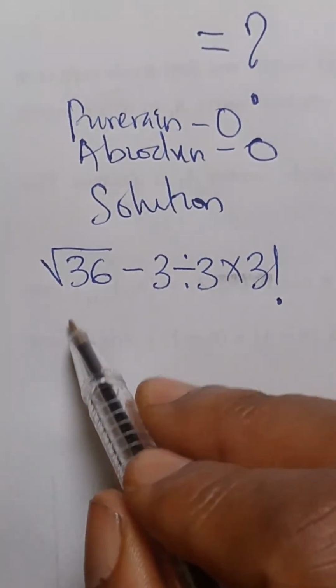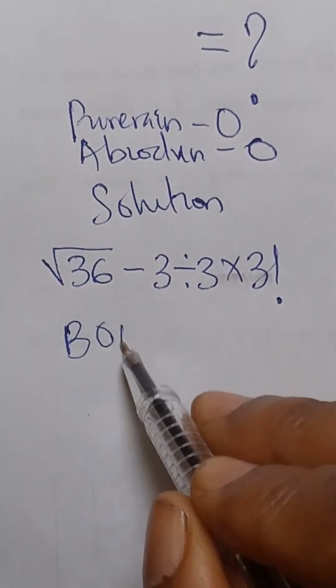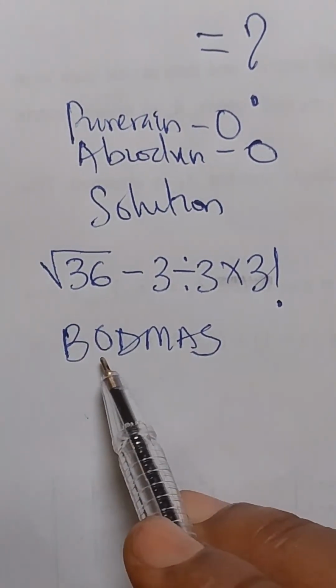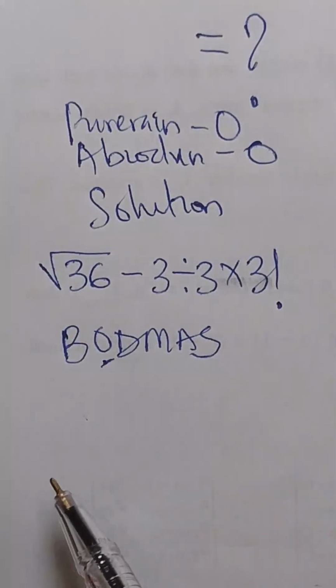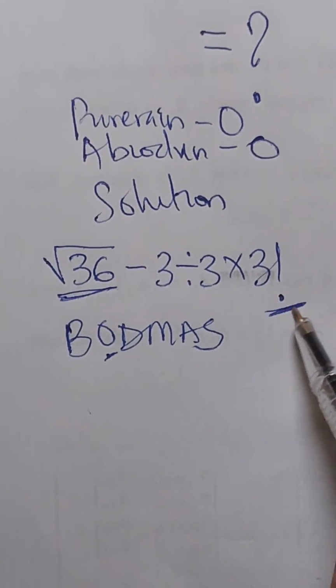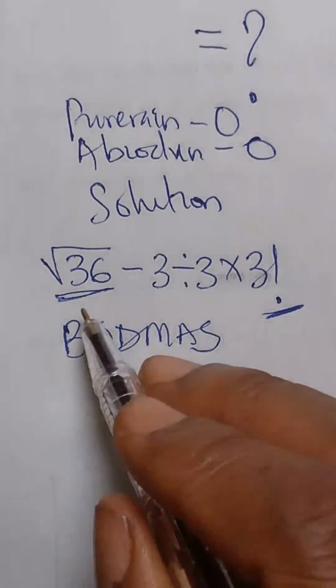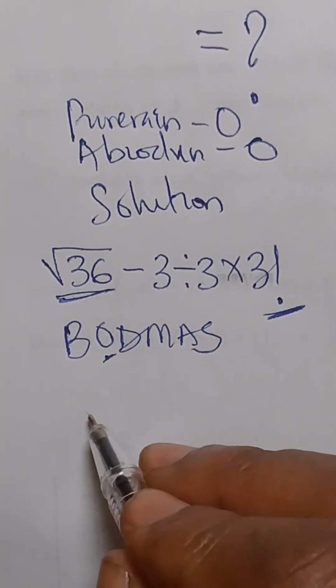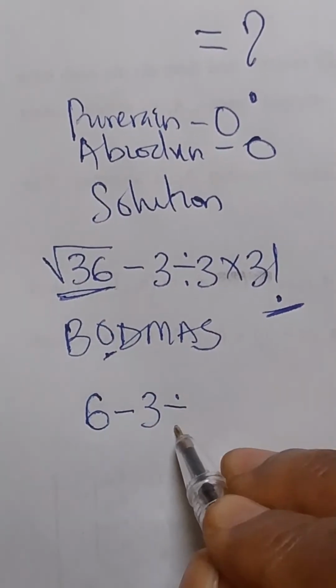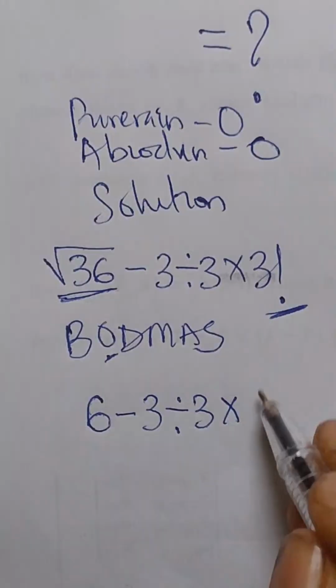Now, you are going to apply BODMAS here. There is no brackets, but there is order. Now look at order. This is order here, and this is order here. So you are going to solve them first. Square root of 36 is 6 minus 3 divided by 3 times 3 factorial.